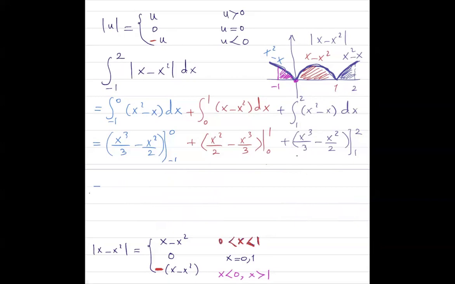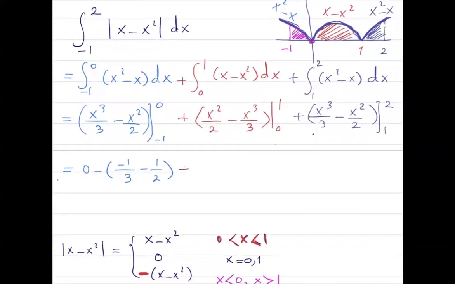So for this integral, if you plug in 0, everything is 0. Minus, if you plug in -1, you get -1 divided by 3 minus a half plus a half minus a third minus 0 plus the rest of the integral.